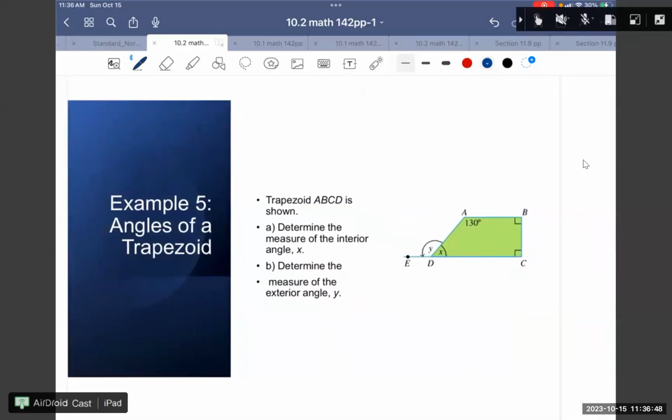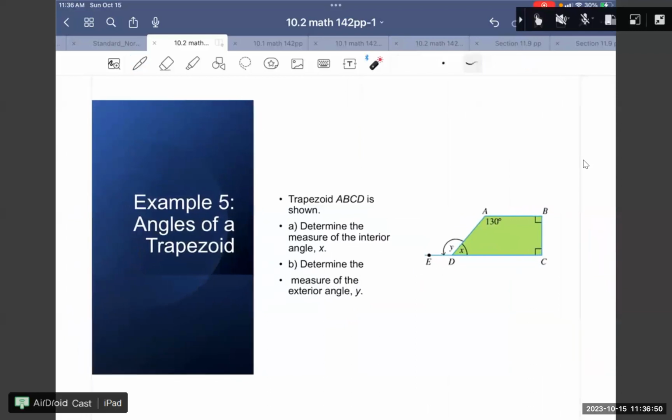For example, trapezoid ABCD is shown, and we determine the measure of the interior angle X. This one is Y, this one is 130, this one is 90, and this one is 90.